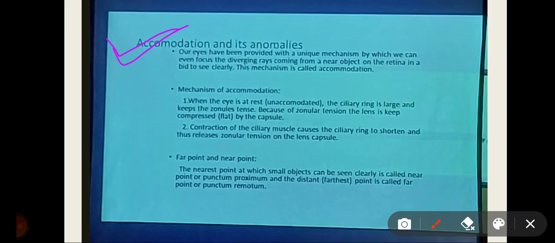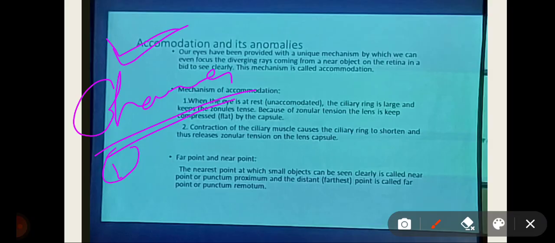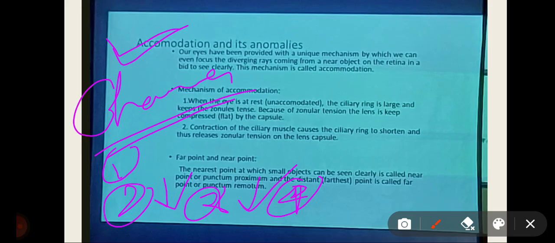So the changes of the eye with accommodation, see what will be the changes. So guys, the changes here will be ciliary muscle contraction. Second, the ciliary ring diameter decreases, and the ciliary zonules relax, tension decreases. Anterior curvature of the lens will increase, and for the posterior curvature of the lens, there will be no change.